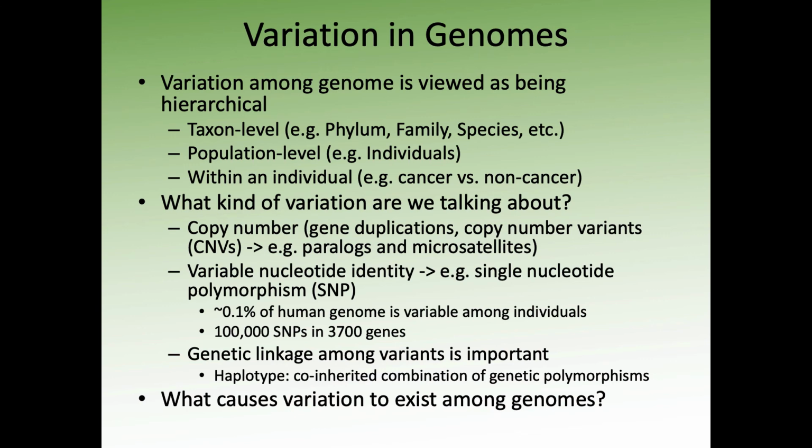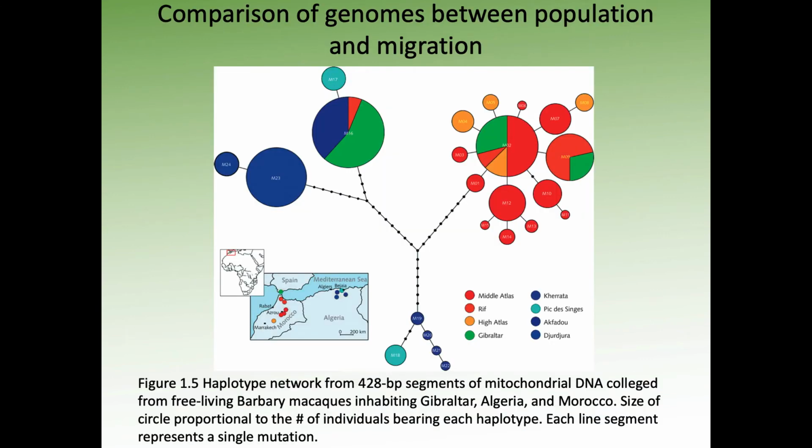So what causes variation to exist among genomes? If we think about cases where we are looking at, say, macaques in the Mediterranean, we see that if we look at a haplotype network, there's a bunch of macaques here in Morocco that are all very closely related to each other. There's a bunch of other ones over here in Algiers and other parts of Algeria that also look very closely related to each other, but very different from the Moroccan ones.